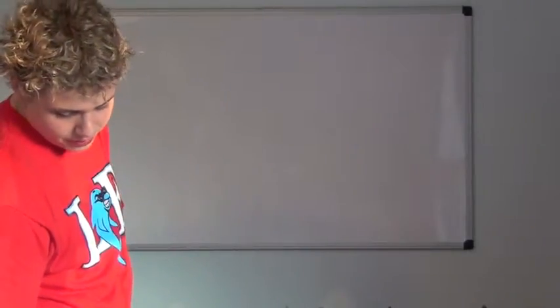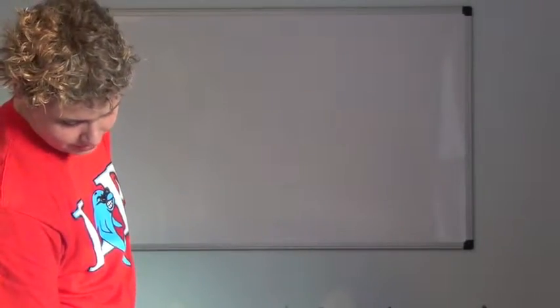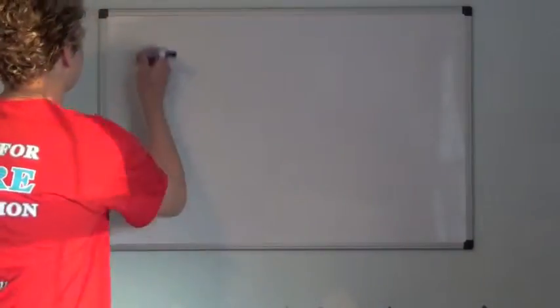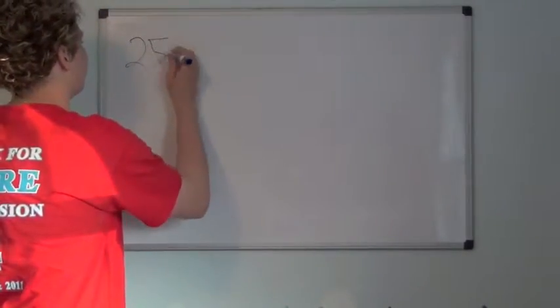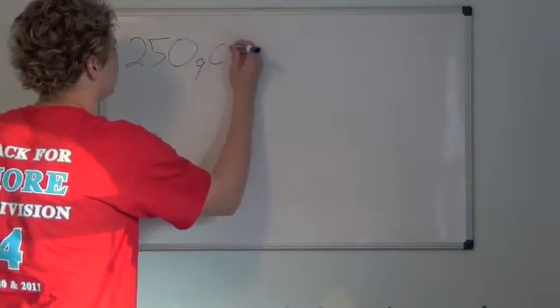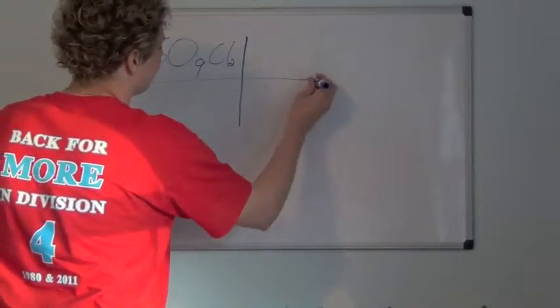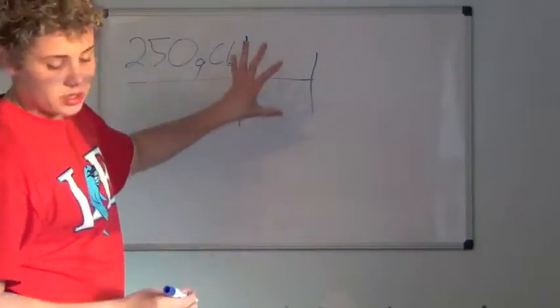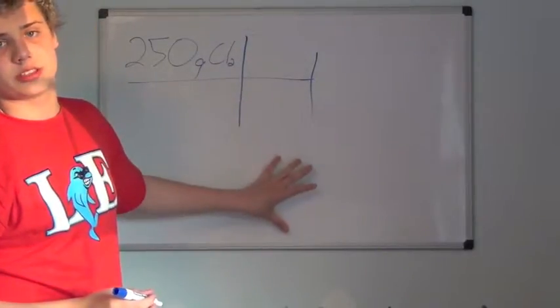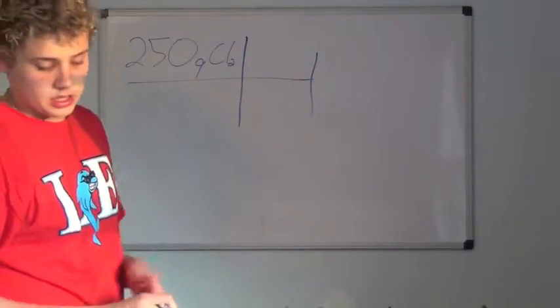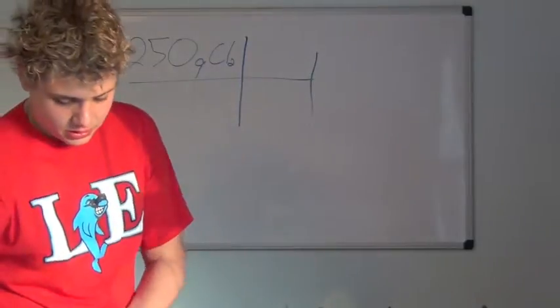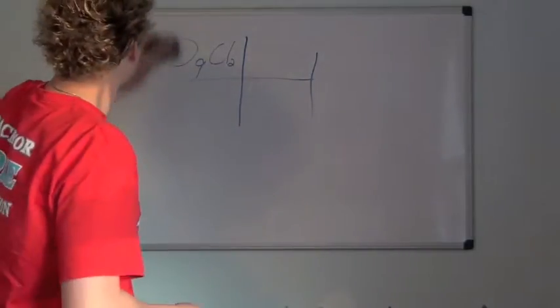And so we know we're getting 250 grams of chlorine. So we go 250 g Cl2. Make our lines. Basically, you just use dimensional analysis to solve the problem. So 250 grams Cl2. Here, I'll switch markers so you can see better.